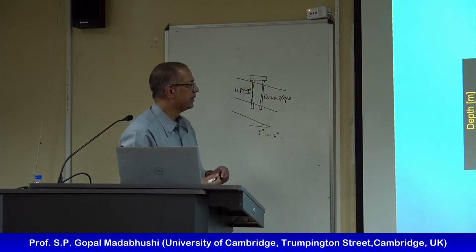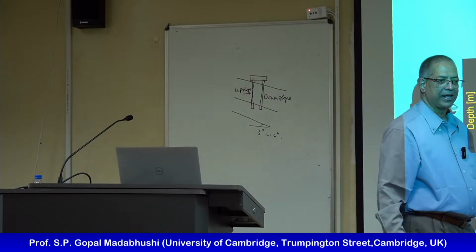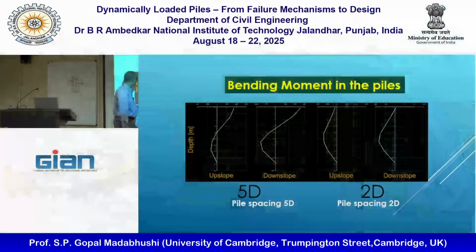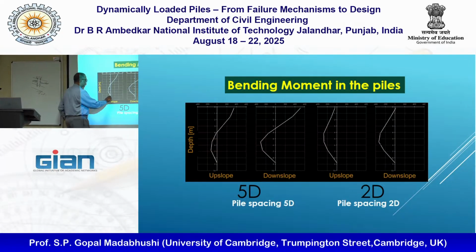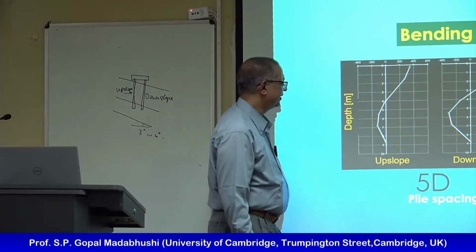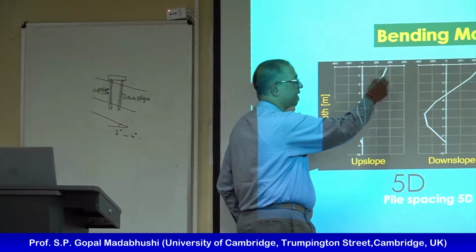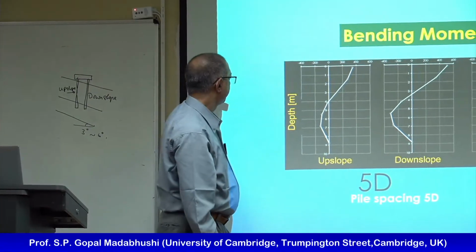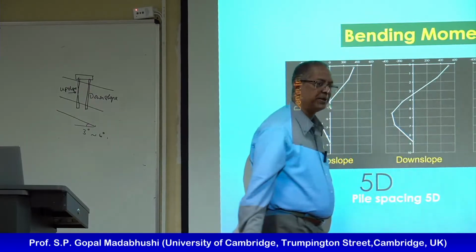Yeah. So at the base, obviously the bending moment has to be 0 at the tip of the pile, and we get a shape. If I plot these bending moments at a particular instant, a shape like that. And the downslope one, this is about, let's say, 300 kilonewton meter, and here it is about 500 kilonewton meter.